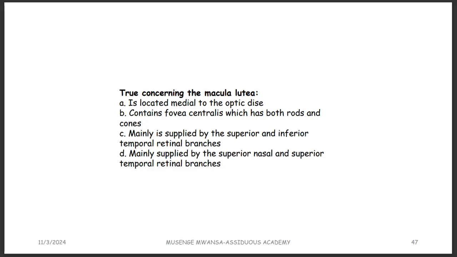Which one can we pick? Mainly supplied by the superior and inferior temporal retinal branches. Okay. Is there anyone with a different option?